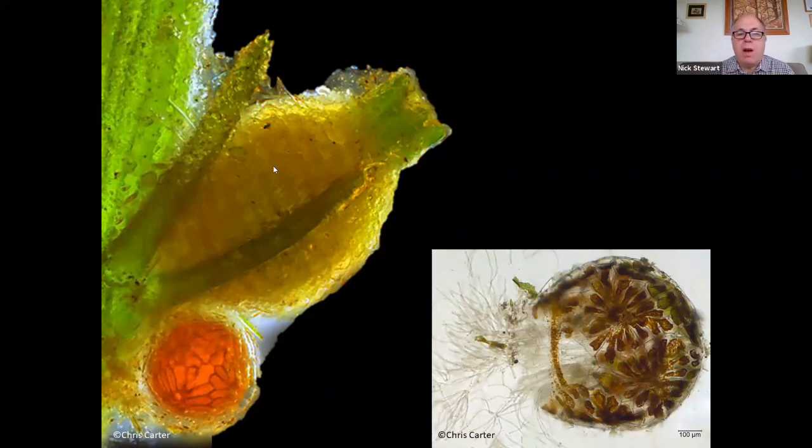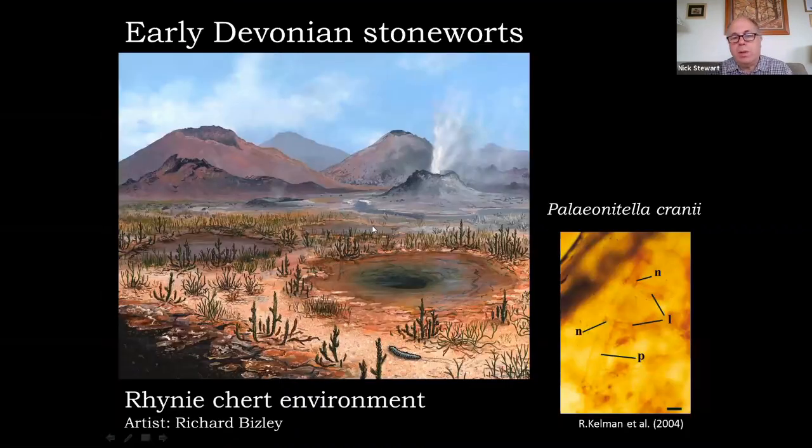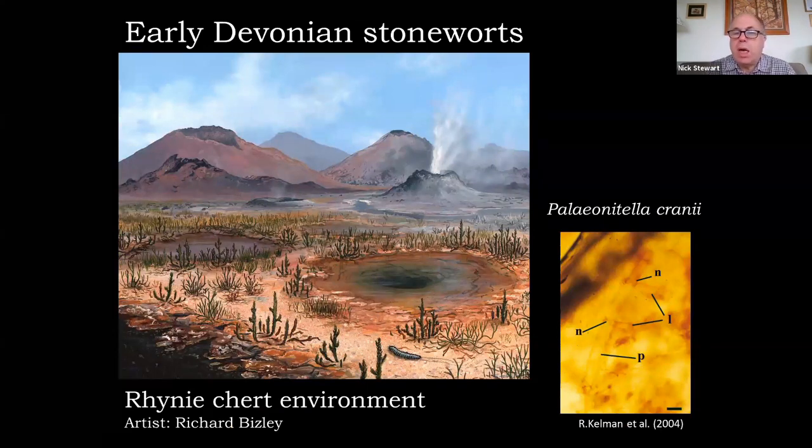They are a very ancient group. You can find things which are suggested to be stoneworts going right back at least to the Devonian period, so that's 400 million years ago. And I think you can see here something that looks a bit like what we will see later in terms of a Nitella.